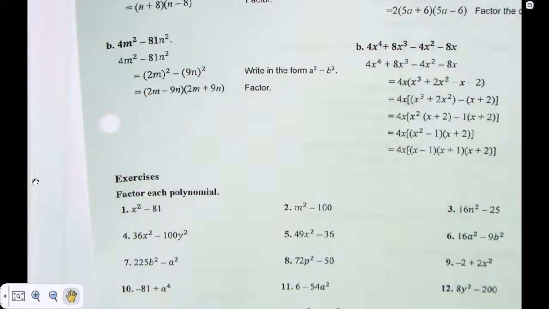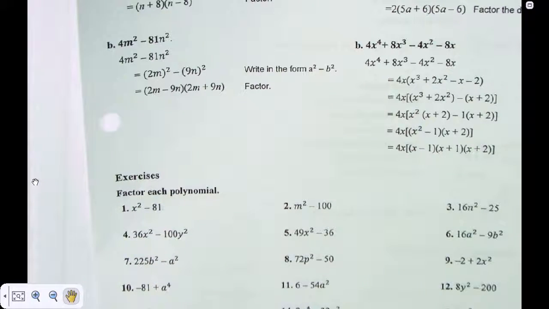Okay, look at number 1. It says factor each polynomial. Who sees a problem? There's nothing to factor, is there? You look here and you look here. Nothing to factor.